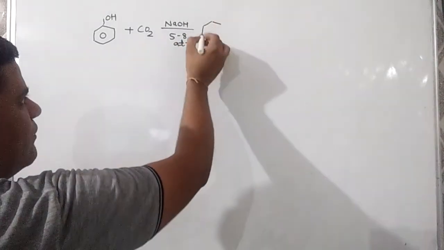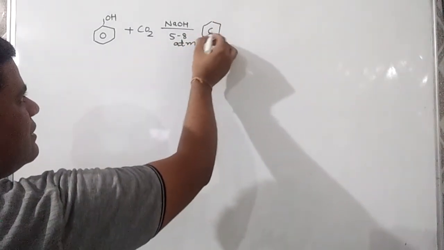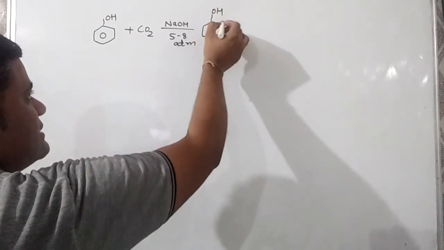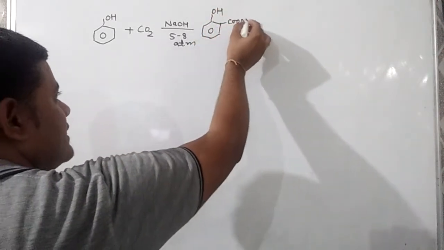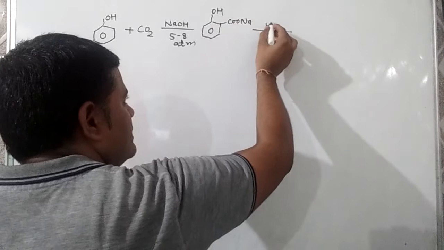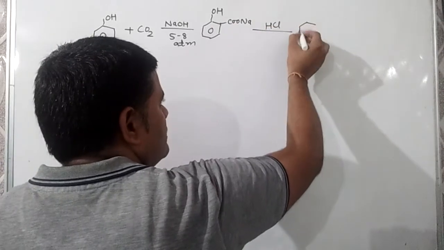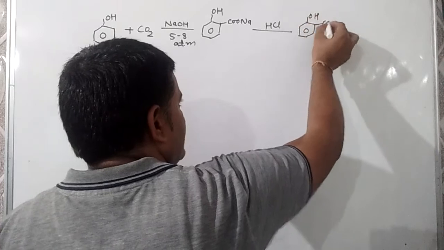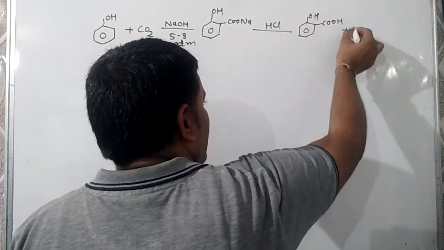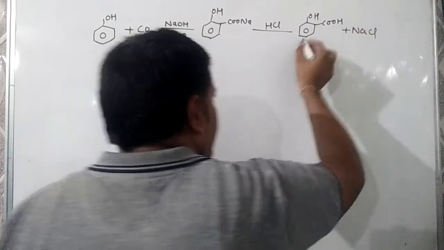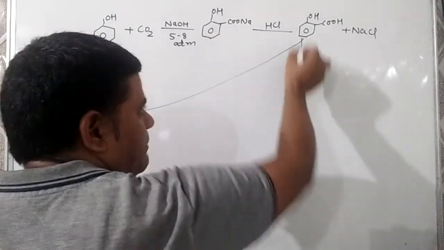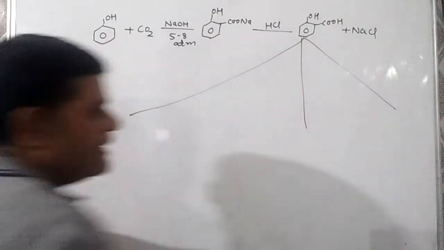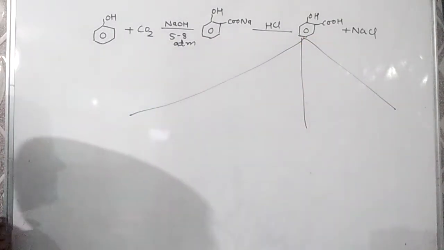That's why the product formed will be sodium salicylate, and then this sodium salicylate can react with HCl to give you salicylic acid, 2-hydroxy benzoic acid plus NaCl.